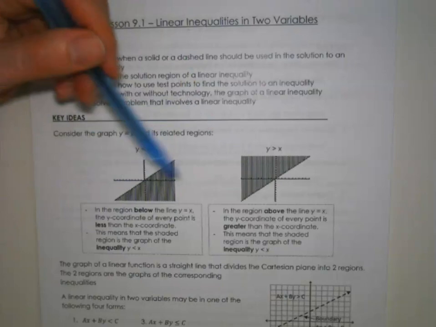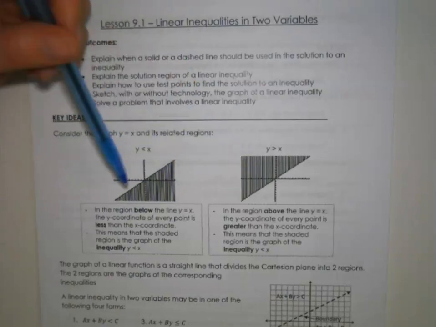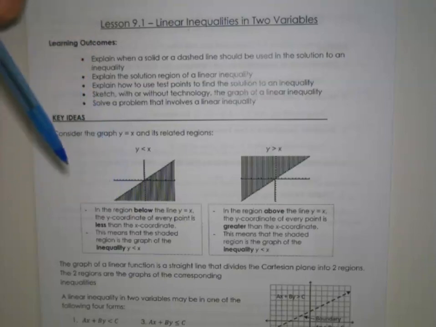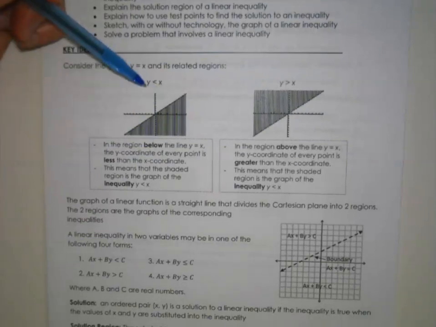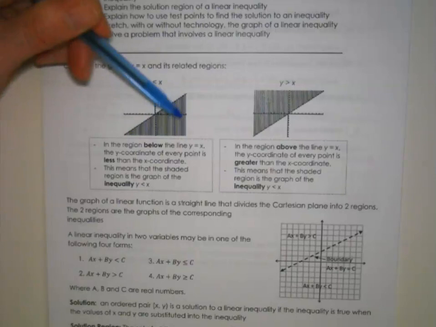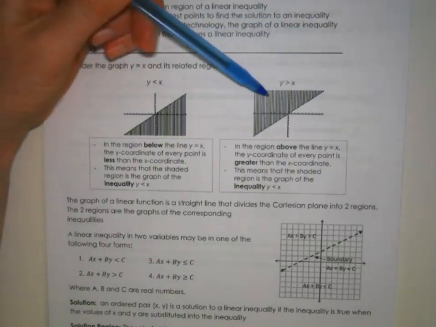However, we notice that there's a difference between these two graphs because of where the graph is shaded in. We haven't really looked at shading yet in graphs, but we can see that in this one where it says y is less than x, we have every point below the line shaded. And for y is greater than x, we have every point above the line shaded.